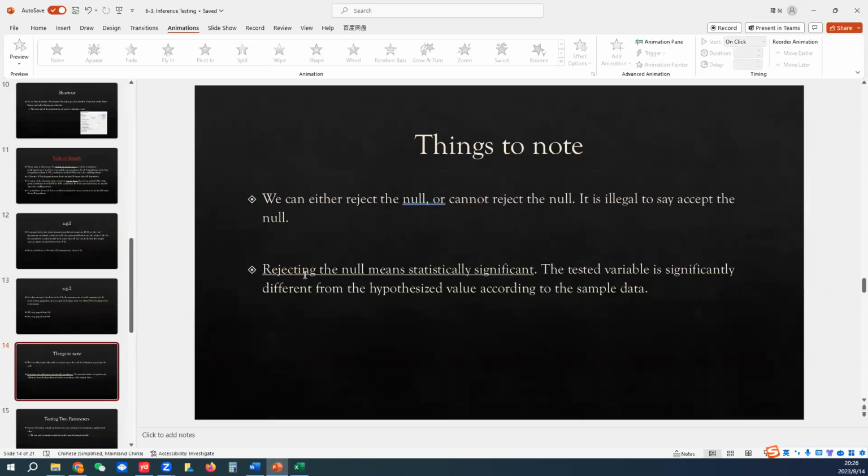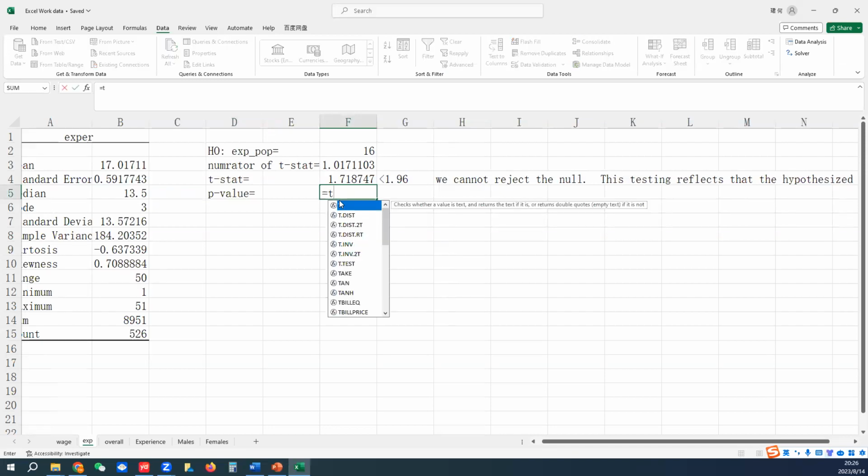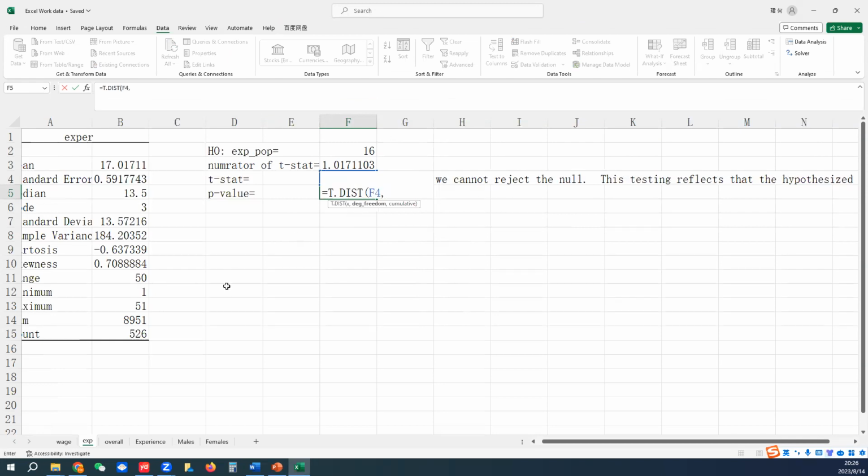And also, rejecting the null means statistically significant, and here the answer is that it is statistically insignificant. We can also do this by looking at the p-value. The p-value comes from the t-distribution of the t-stat, considering the degrees of freedom, and it's a two-tailed test.